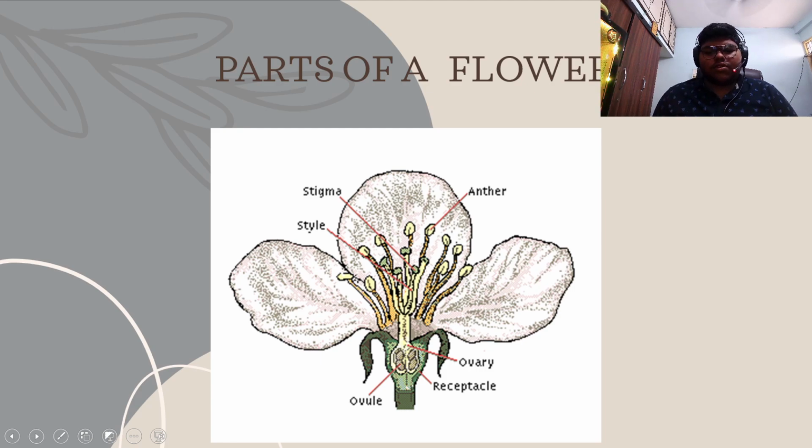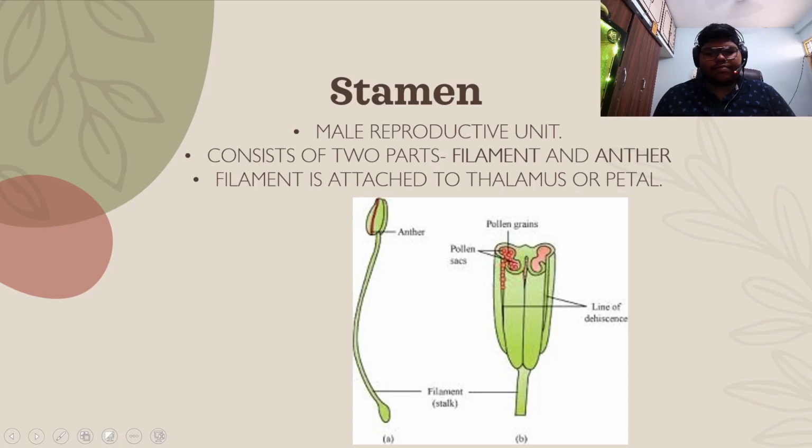Here we can see the stigma, anther, style, ovary, receptacle, ovule. Anther and the filament is known as the stamen, which is the androecium, and then stigma, style, ovary and ovule makes the gynoecium.